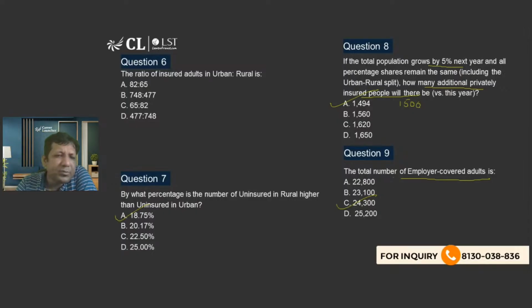ठीक है ना? ओके. Now question number 1, can we solve this? Yes, definitely.